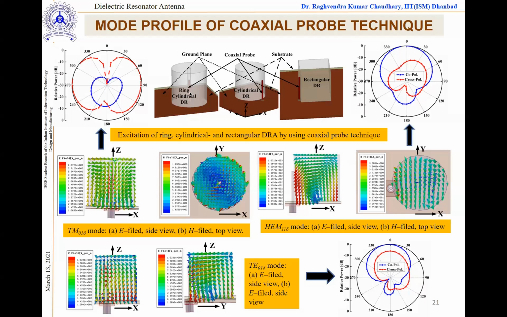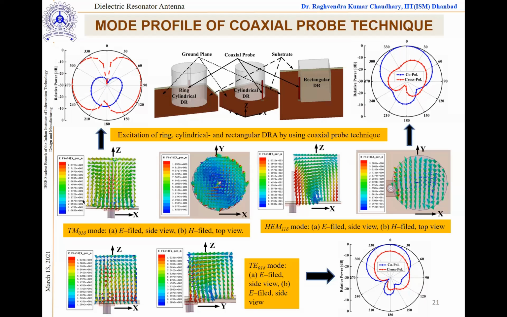For these, in the center there will be magnetic field around the probe, like this, and there will be electric field. So what kind of mode is this? This is a TM01 delta mode.